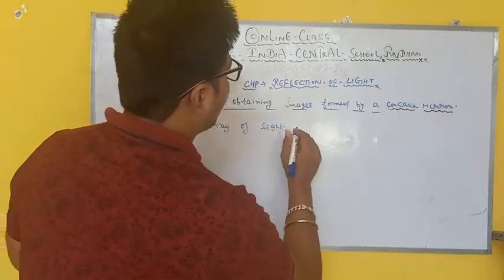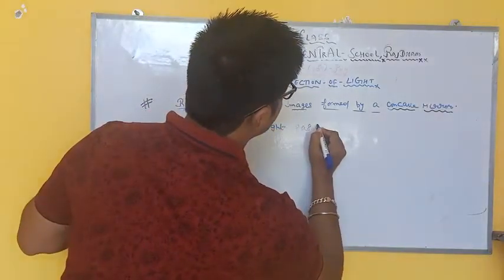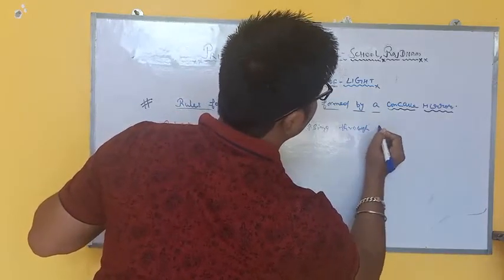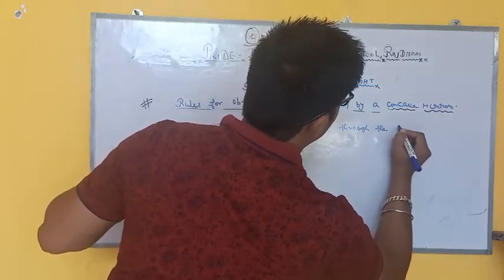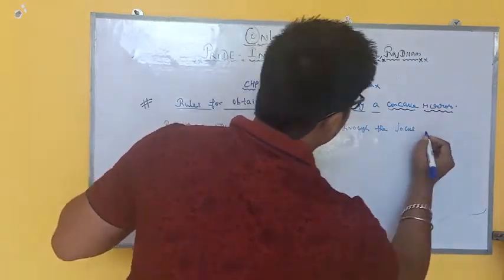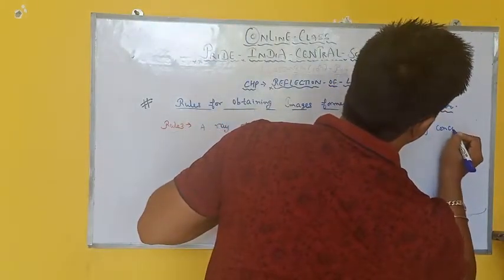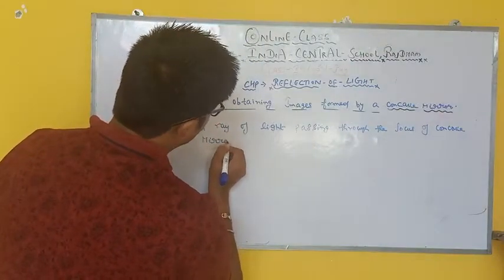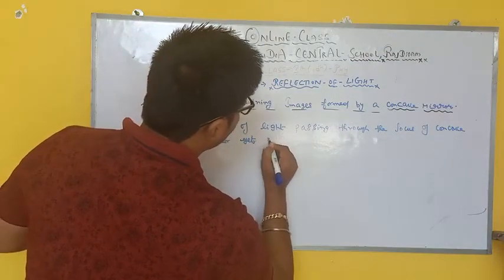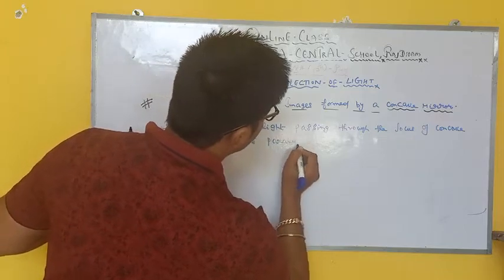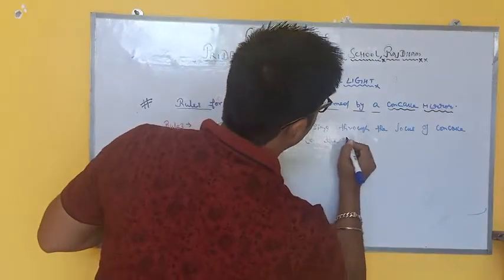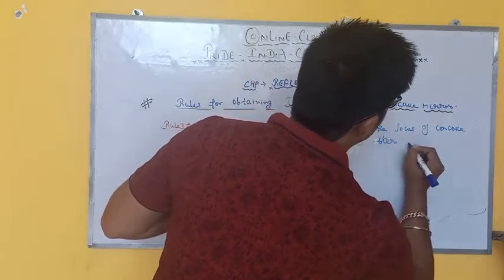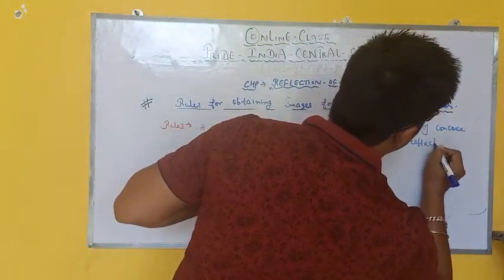A ray of light passing through the focus of the concave mirror gets parallel to the principal axis after reflection.